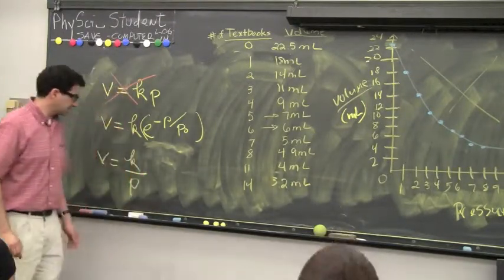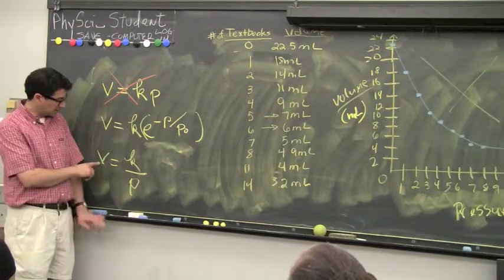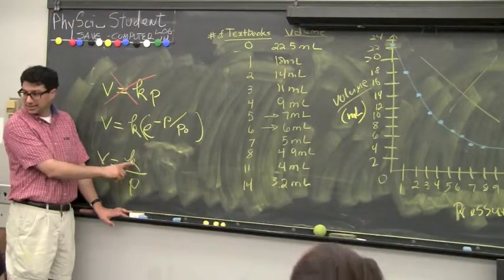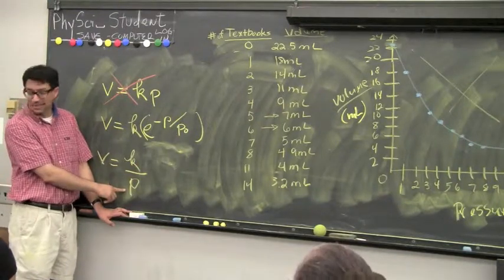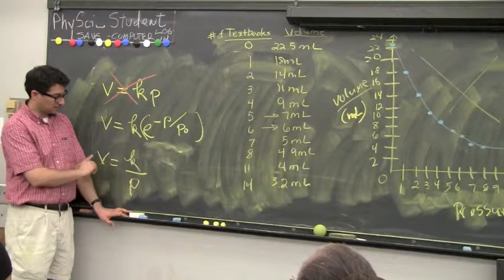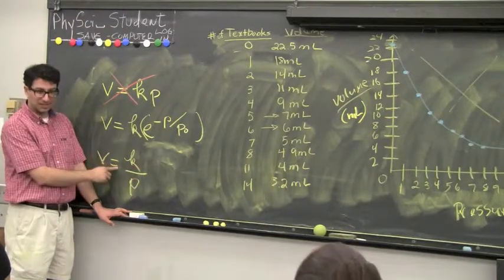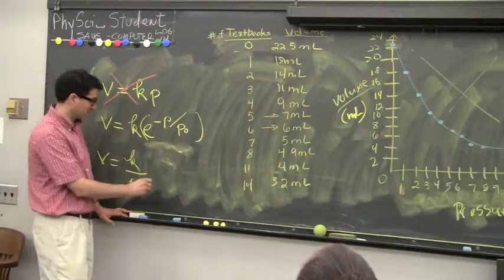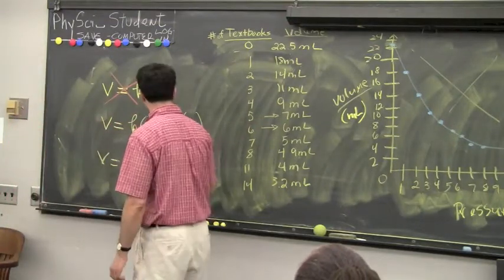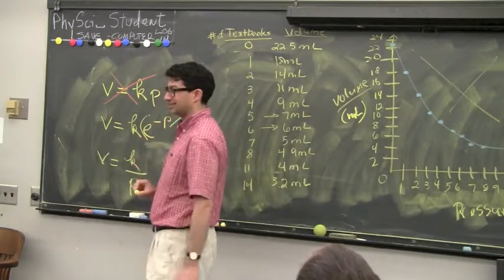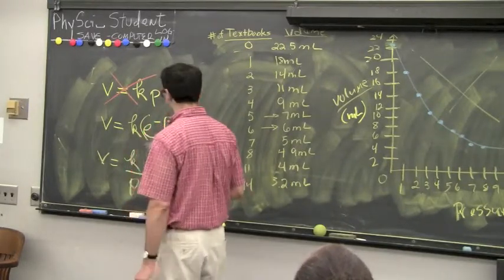Yeah, and so I actually gave it to you the other way. Here I got it as volume equals something going linearly with 1 over pressure, right? But what could I do? I could multiply by P and divide by V, so I bring this one up and this one down. So I could also have equivalently P equals K over V.